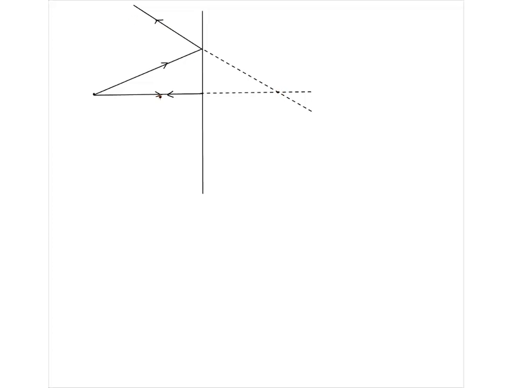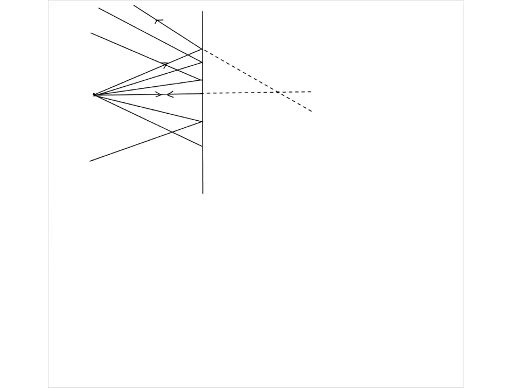Rays are appearing to come from here if your eyes are here. Eyes must catch these rays. This ray, that ray. Normally in textbooks, you don't often see more than two rays, but that does not mean that there are only two rays. There are infinite rays. A third ray, fourth ray, fifth ray, sixth ray.